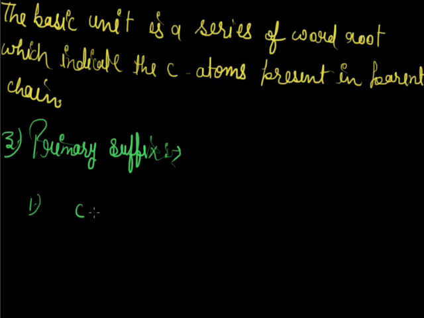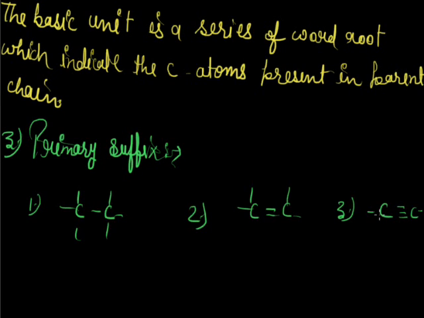Firstly, if we talk about that carbon atom, then we can see that a single bond is present between two carbons. But in the second situation, a double bond is present between two carbon atoms. And in the third situation, carbon triple bond carbon, a triple bond is present between two carbon atoms.